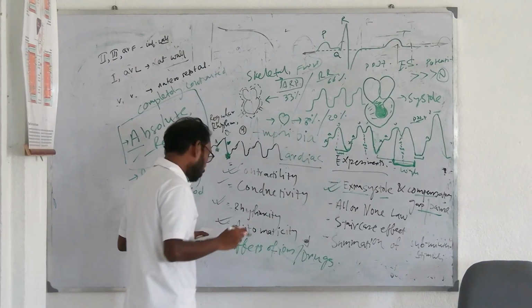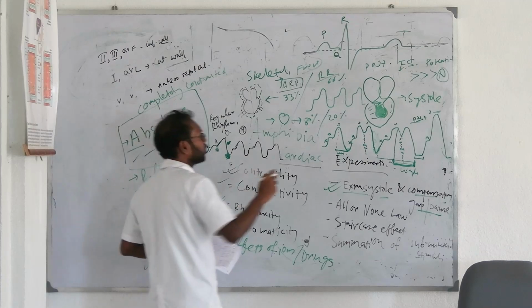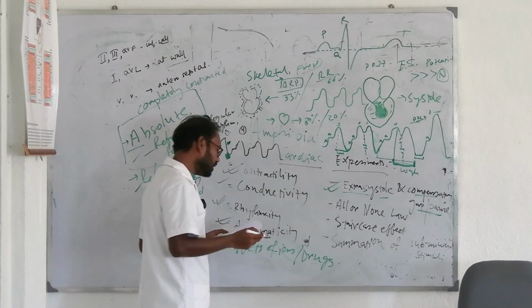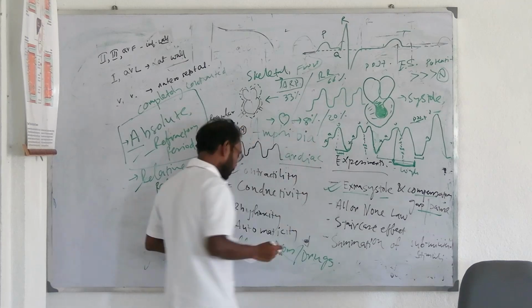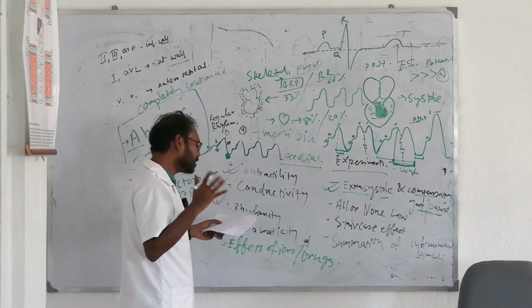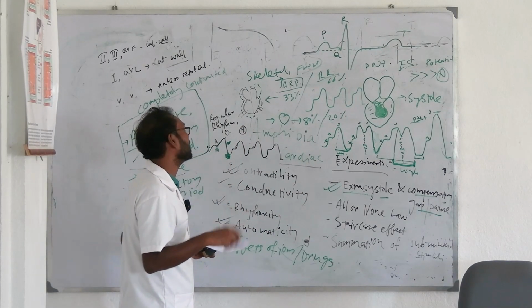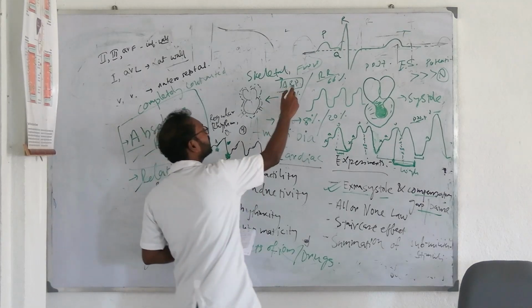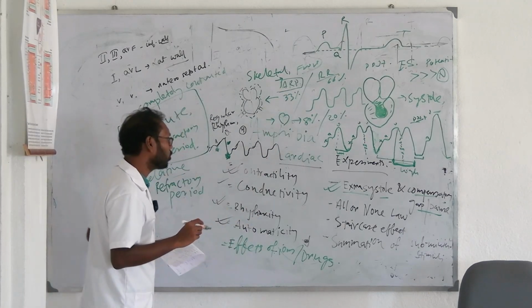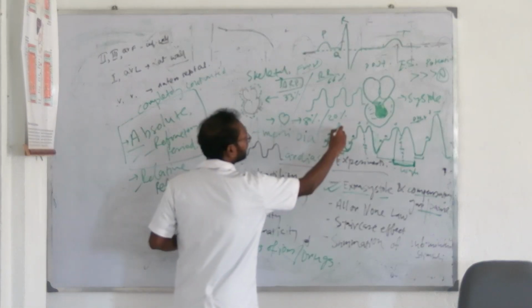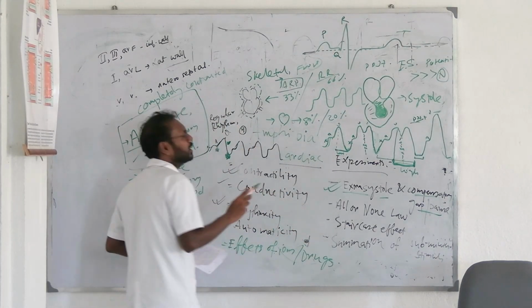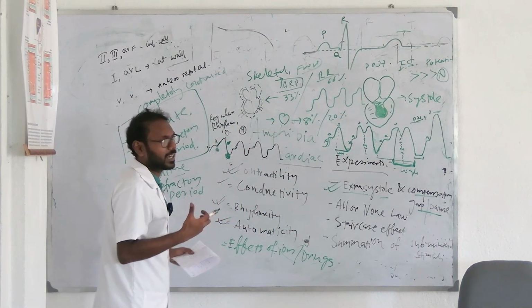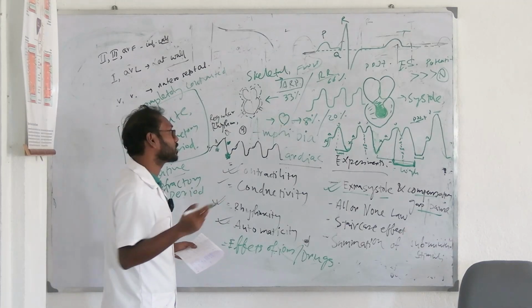So the relative refraction is only 20% and absolute refraction is almost 80% in case of cardiac muscles, and that's why the heart muscles are not tetanized. Because this absolute refractory period is very high, the heart muscles don't get tired, they don't get tetanized.